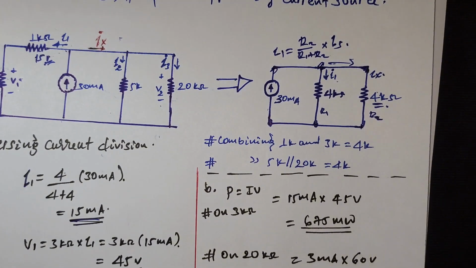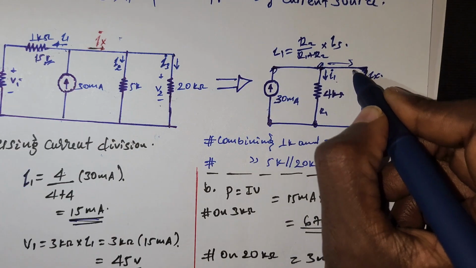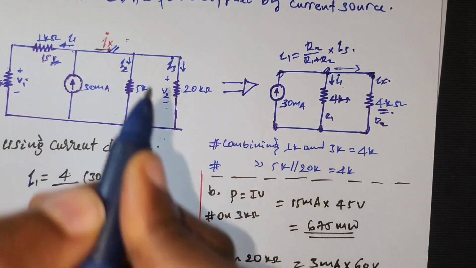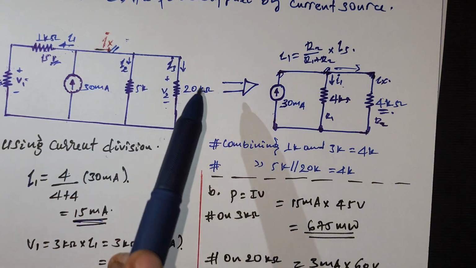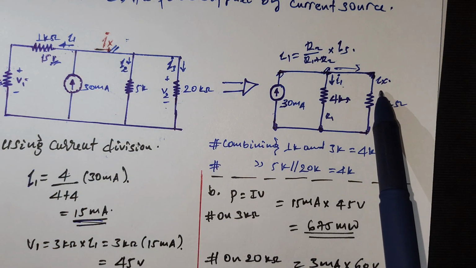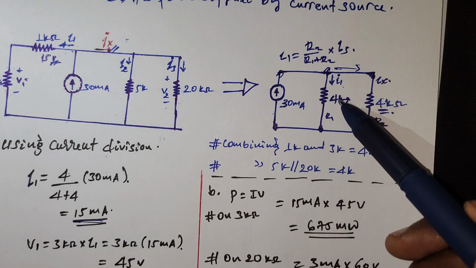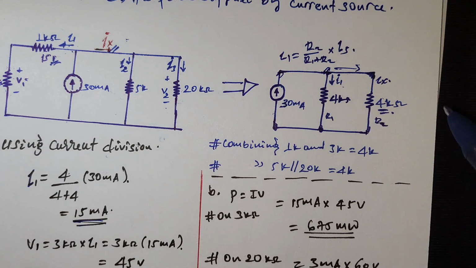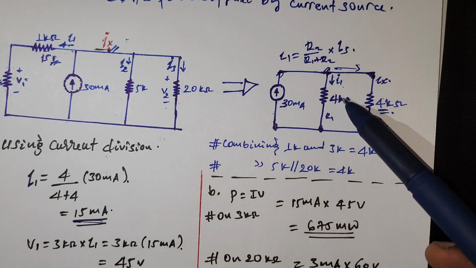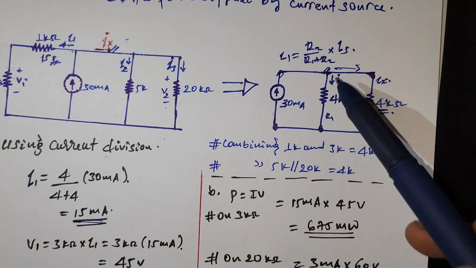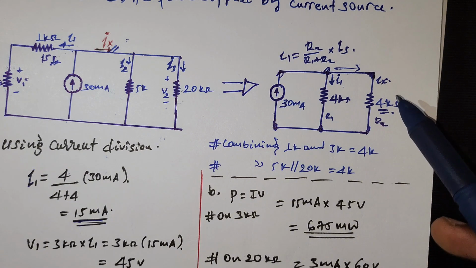Ix means the current on this branch, or the summation of I2 and I3. Using current division, both resistors are equal, so the division of the current will also be equal.